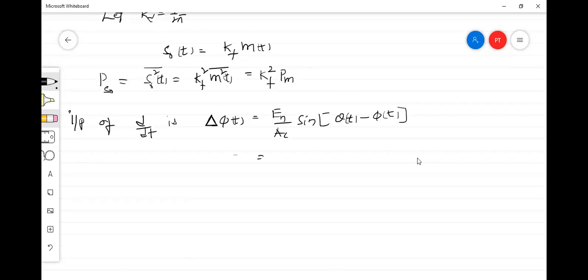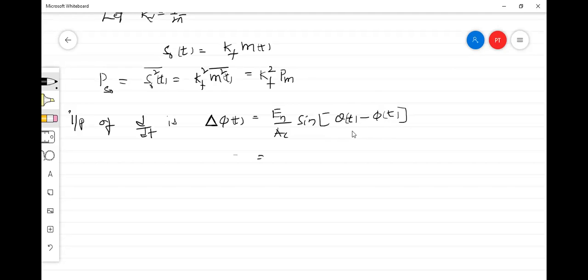Here, there are two angle variations. One is due to the noise and the other is due to the message signal.